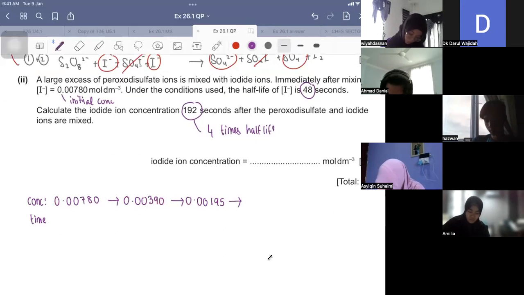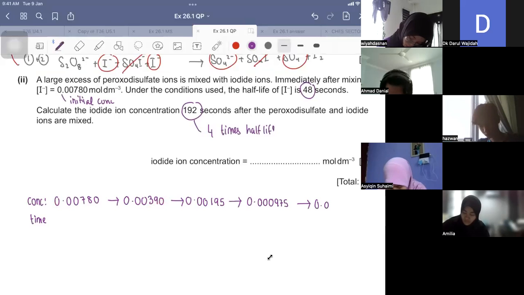That's your second half-life. Your third half-life would be 0.000975. And your last and final, the fourth half-life, which is what the question is asking for, is 0.000244, which is also equivalent to 2.4.